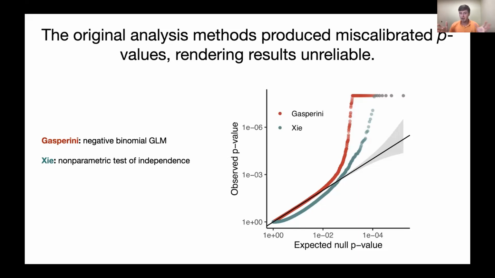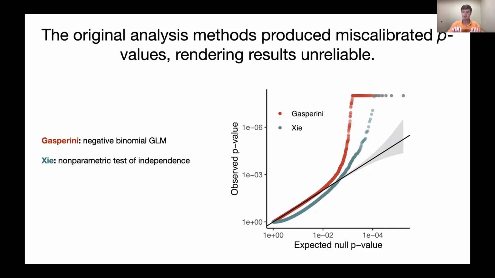And in this setting, we're under the null hypothesis. So there should not be any change in gene expression associated with a perturbation by a negative control guide RNA. And so what I'm doing here is I'm plotting the p-values that the original authors obtained by pairing the negative control guide RNAs with the genes. And what we see is that the p-values exhibit very severe inflation.